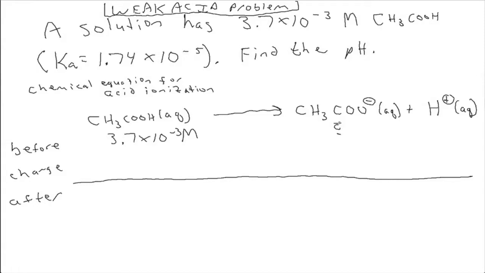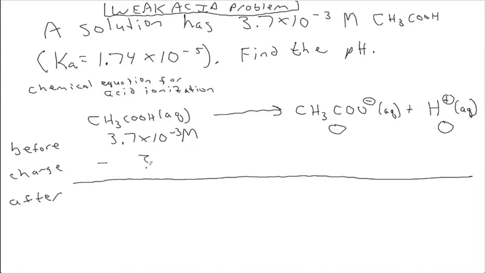What goes here? 0 molar. Why are these 0? Because before the reaction has occurred, there's no products yet. All right, now, will this change be positive or negative? That change will be negative.